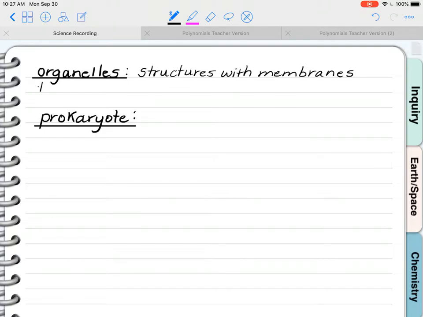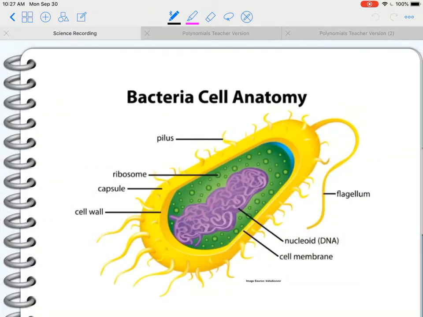That do a job for a cell. Okay. So let's flip on over another page.